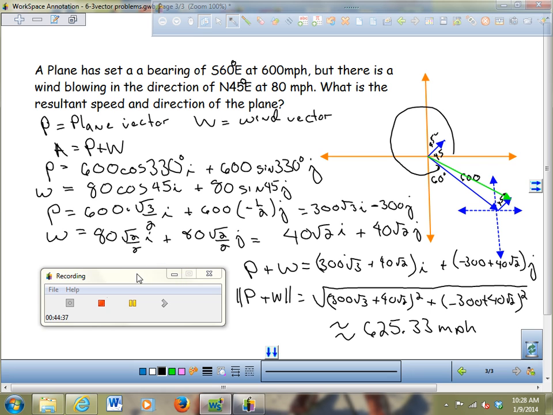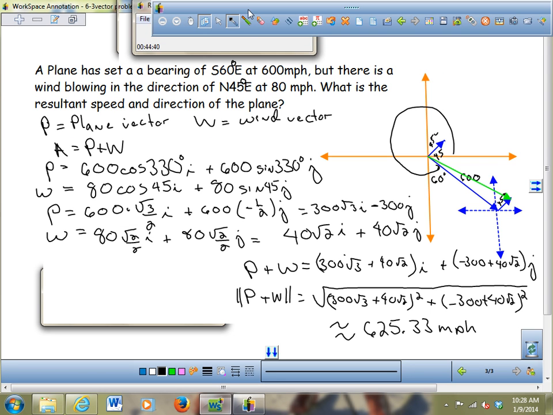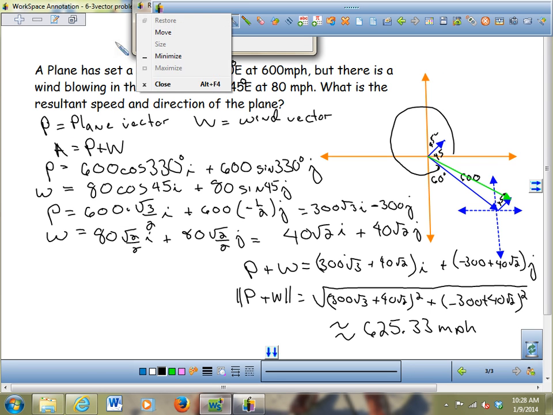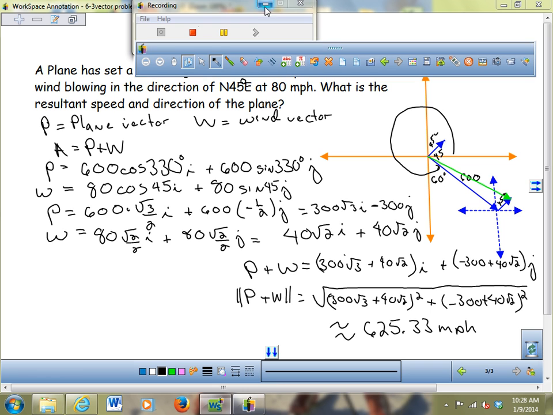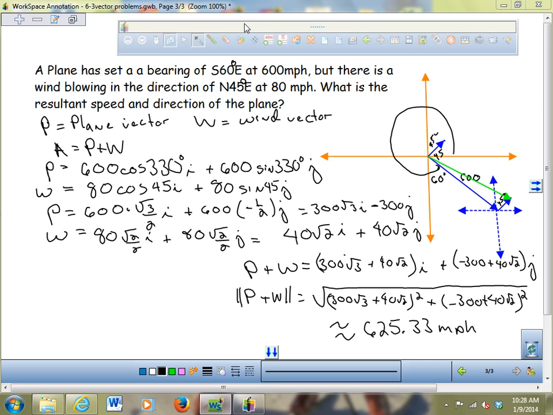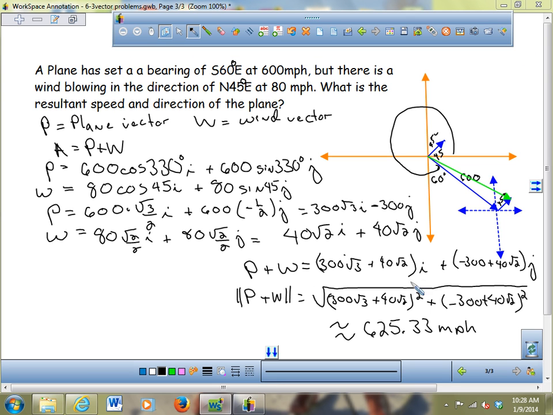Now to find the direction, okay? To find the direction, we have to know that the tangent of theta is equal to the y part over the x part, okay?